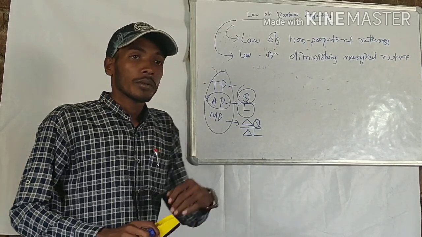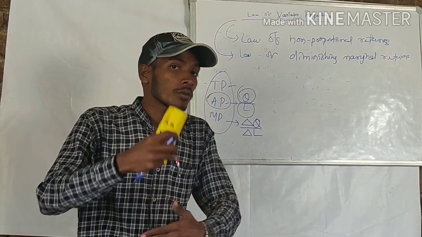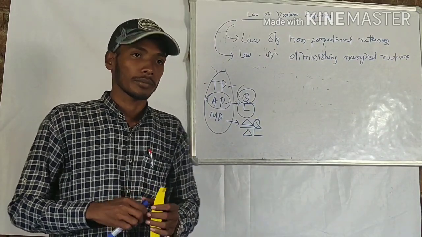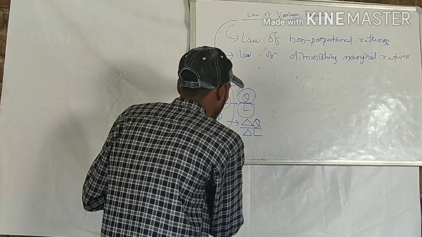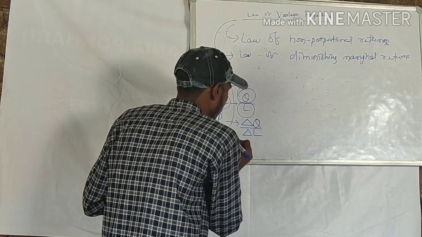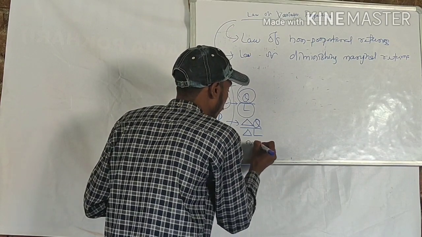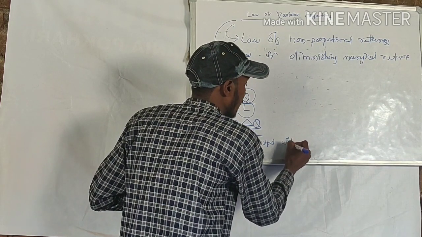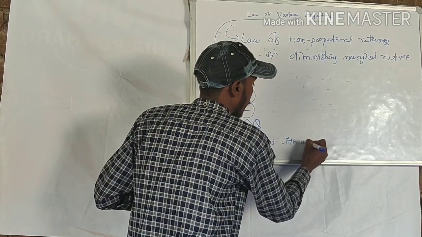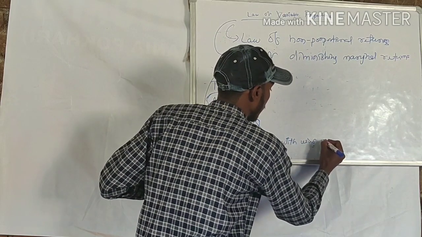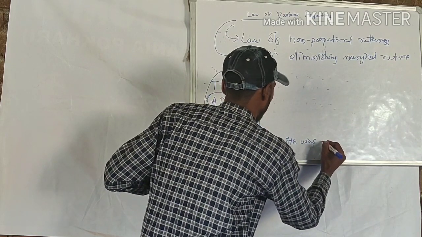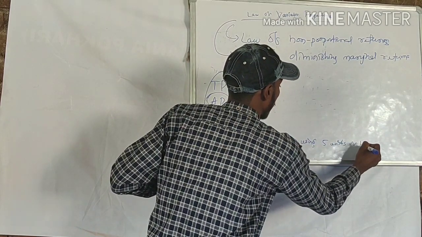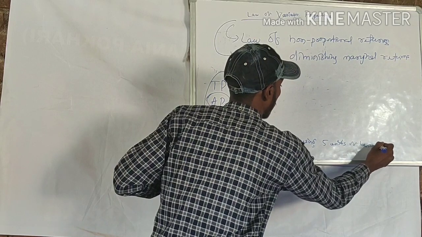Here I will explain it clearly. Suppose I am producing 10 units of output using 5 units of labor.